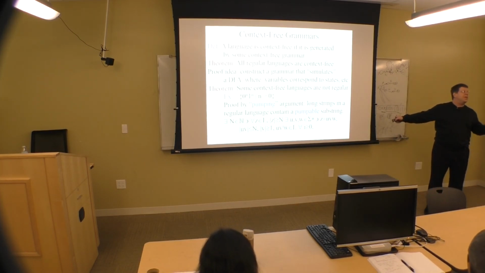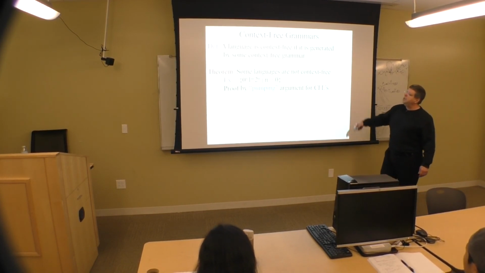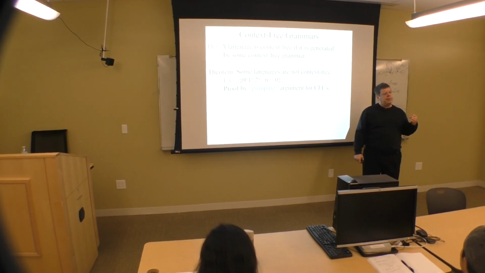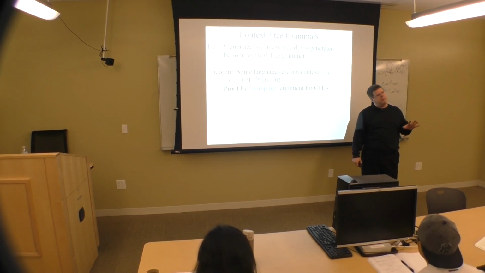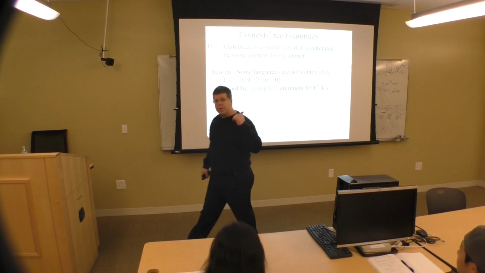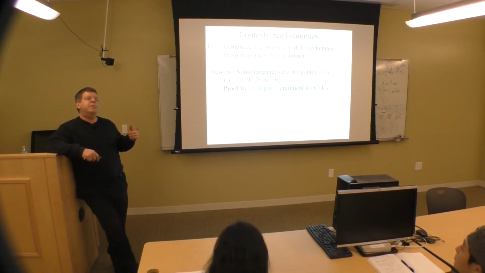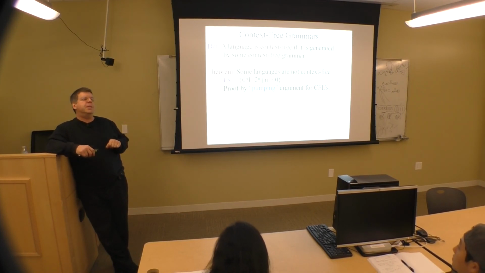It shows you certain things are not regular. There's an analogous pumping argument for context-free languages, and it's a grammar-based argument, and we won't show it here. It's a little bit more subtle and complicated than the pumping argument for the regular languages on the previous slide. Instead of being machine-based, it's grammar-based. But it also depends on the pigeonhole principle.